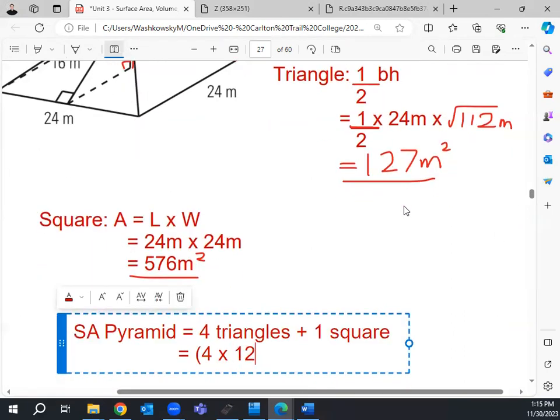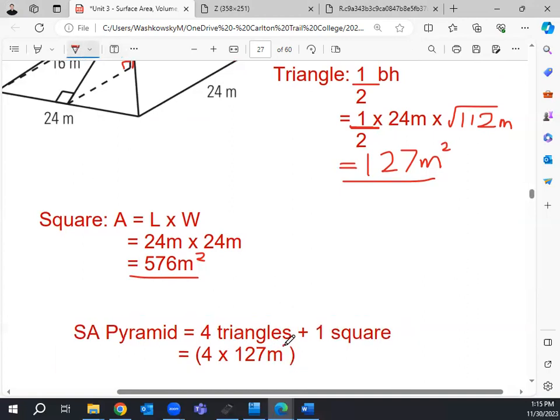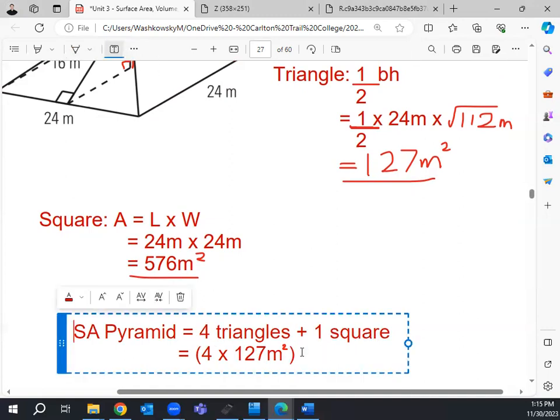It's 127. So 127 meters squared. You could also just do 127 plus 127 plus 127 plus 127. You're going to get the same answer. It's the same thing. And my square was 576 square meters.